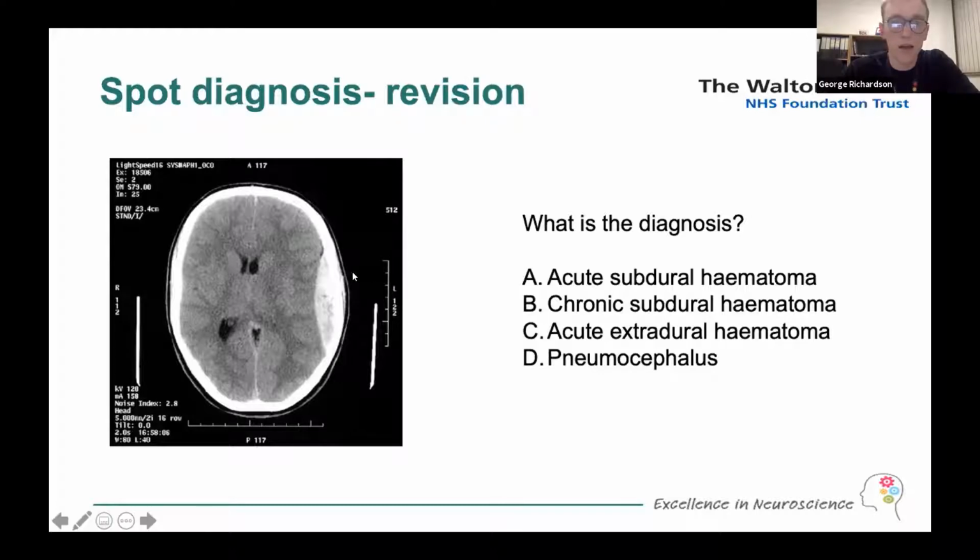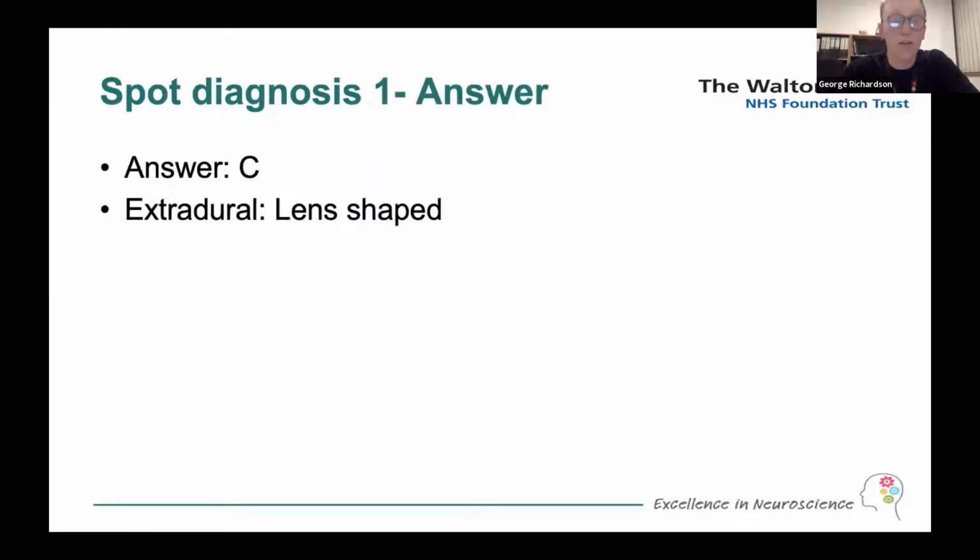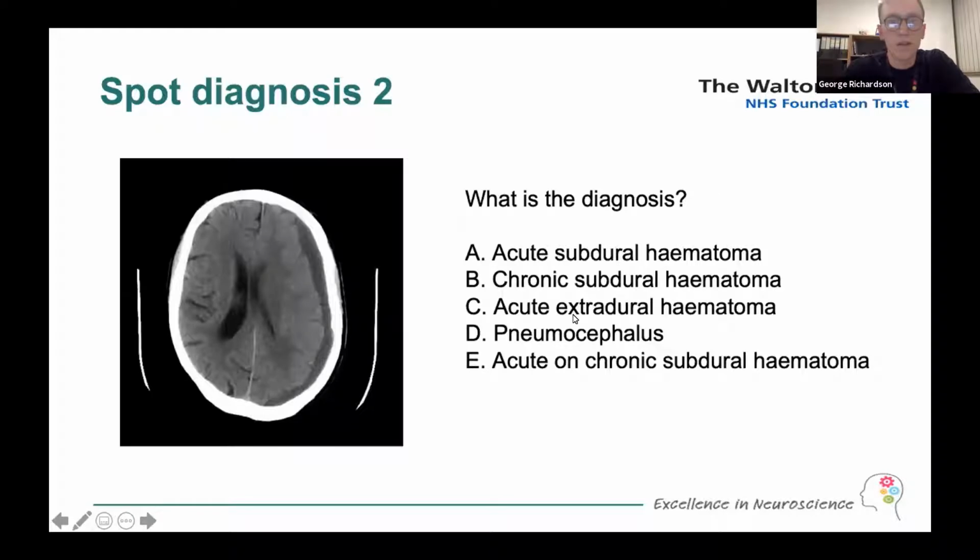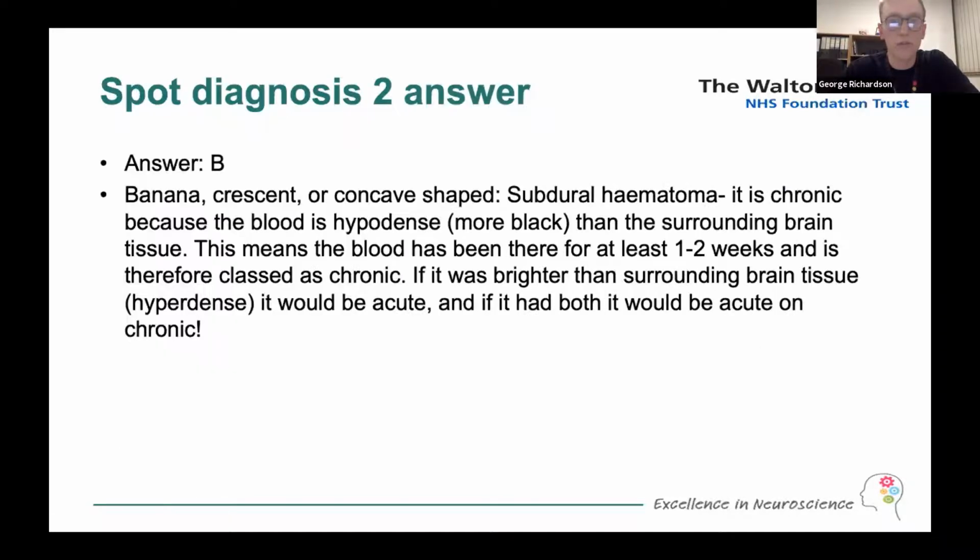So this scan here on the left, as you can see, there's a little bit of whiteness, increased intensity, and that would correspond to a diagnosis of an acute extradural haematoma, and that can be seen because the bleed is lens shaped.